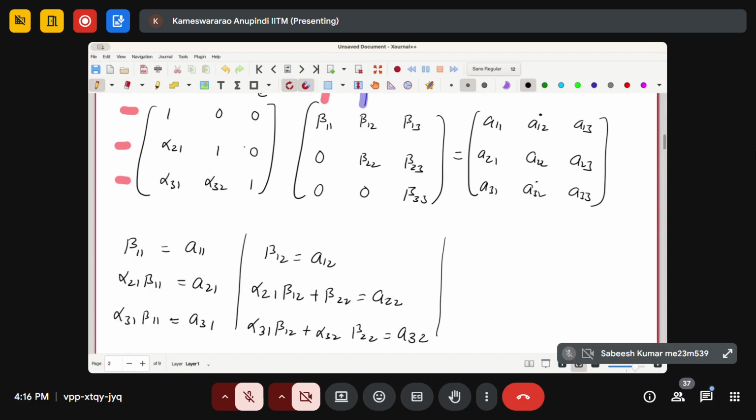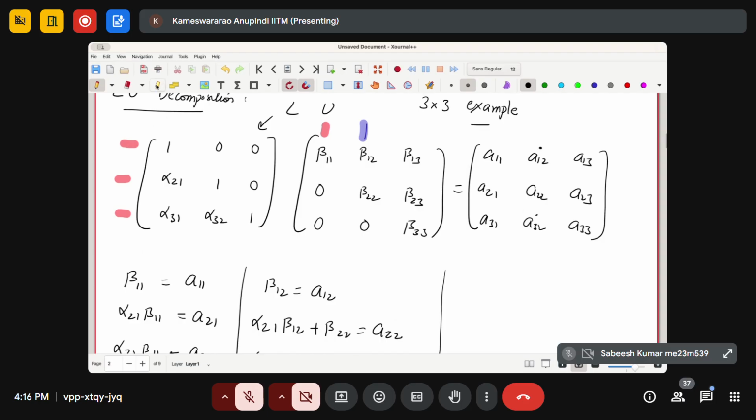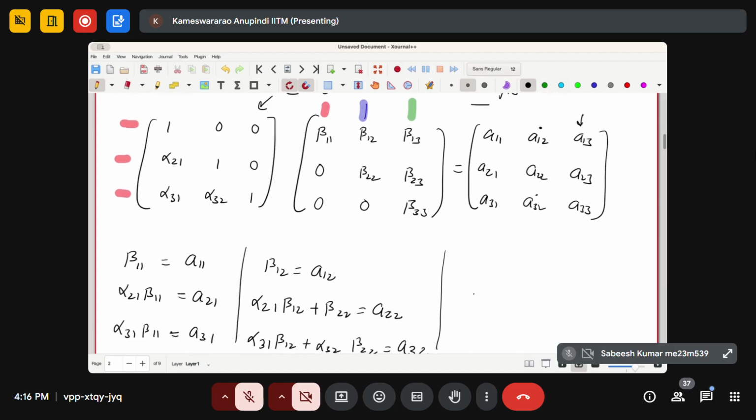Similarly, let me multiply all three rows with the third column. That's going to give me values in the third column of the original matrix. That is beta 13 equals A13, and then alpha 21 beta 13 plus beta 23 equals A23.